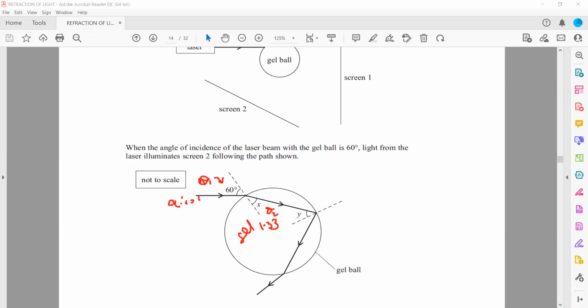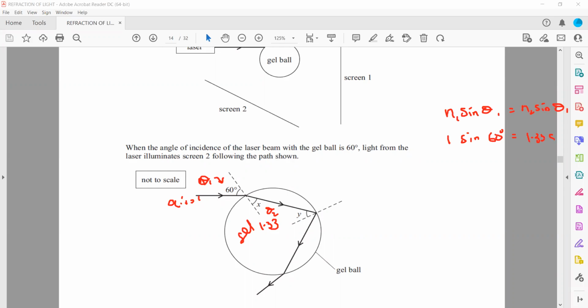So we'll use the formula n1 sine theta 1 equals n2 sine theta 2. The refractive index of air is 1, the angle of incidence is 60, and the refractive index of the medium, the gel, is 1.33.